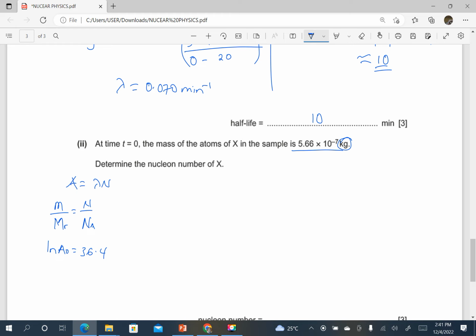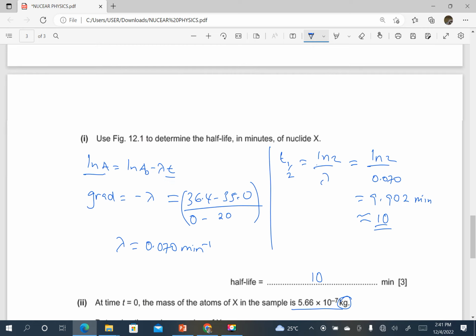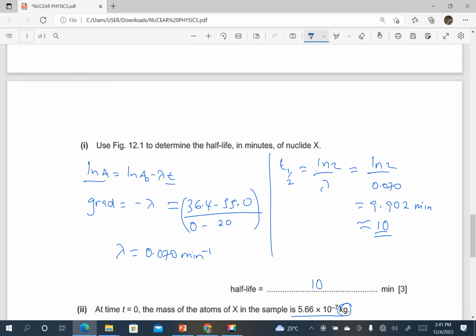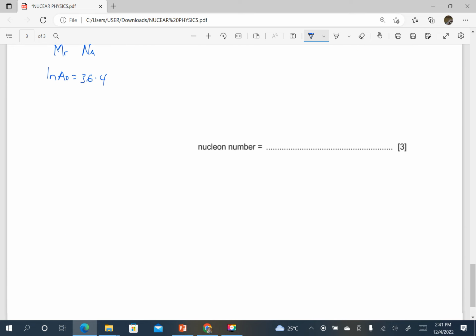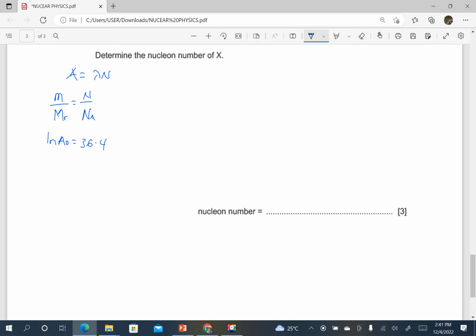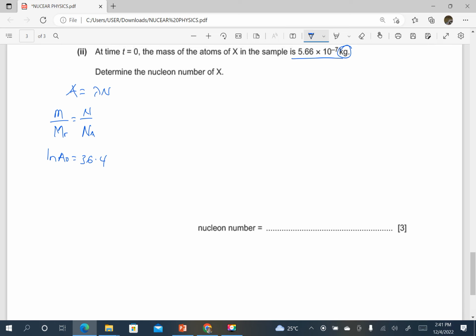So ln of A naught is 36.4. We can get the antilogarithm to find A naught.